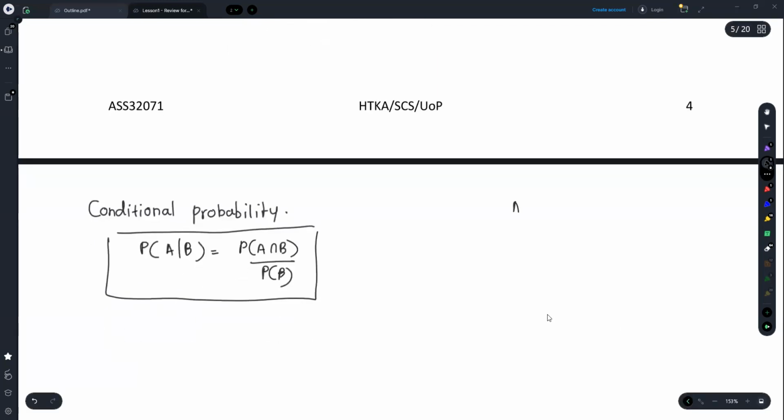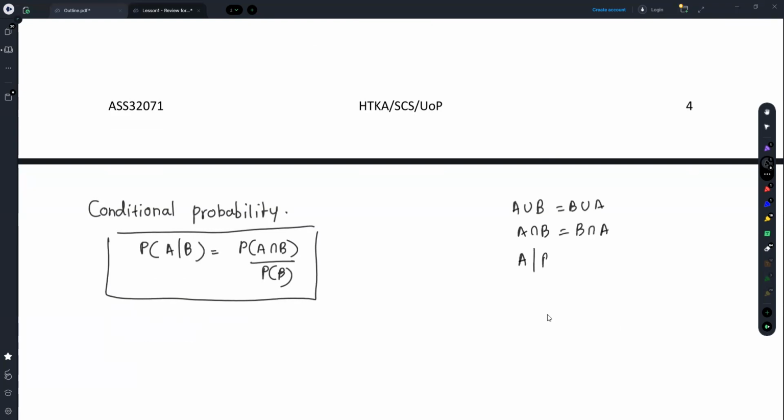Remember that A union B is same as B union A. A intersection B is same as B intersection A, but A given B is not same as B given A, right? So the given information is going to be different for two events. Therefore, it is not exchangeable, right?